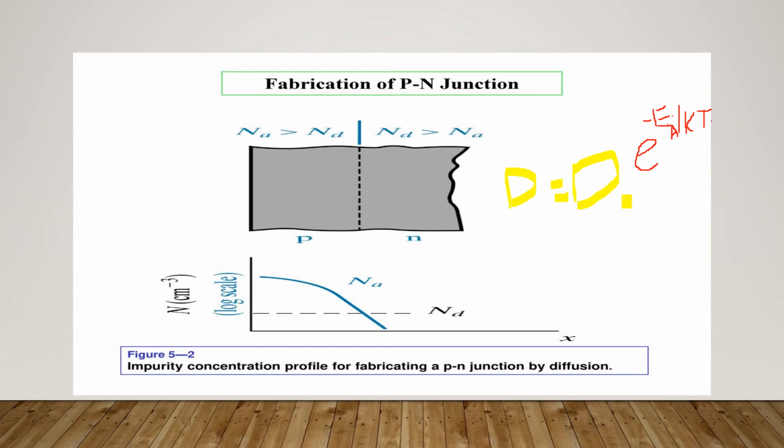And girls, you must have remembered that we have defined it as the thermal budget by this formula. This is known as the thermal budget, where T is the processing time.